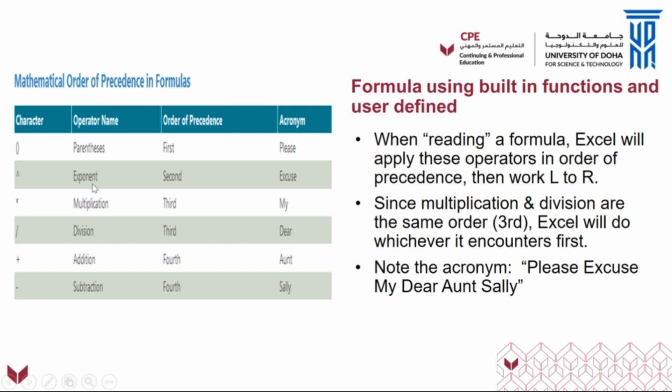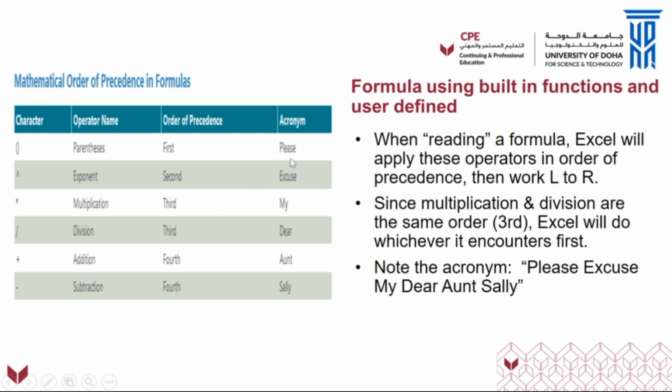The next preference is given to exponent. The next preference is given to multiplication, then division, then addition and subtraction. And note here, multiplication and division are of the same order, so Excel usually does whichever it encounters first.